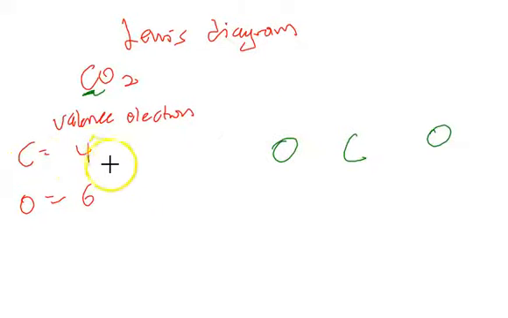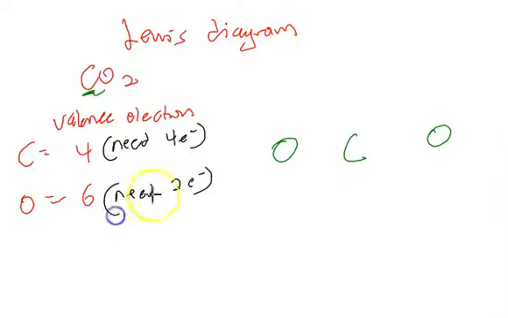Okay, now carbon needs 4 electrons to be stable, and here each oxygen needs another 2 more to be stable. So what we can do here is we put the carbon's 4 electrons on this side, and for oxygen we will do it like this.